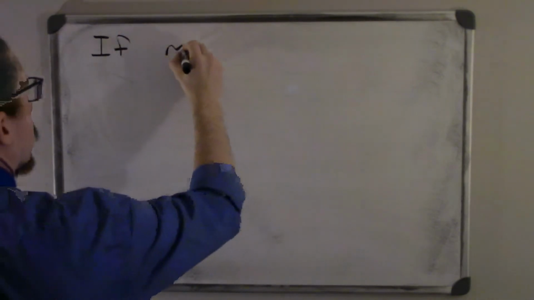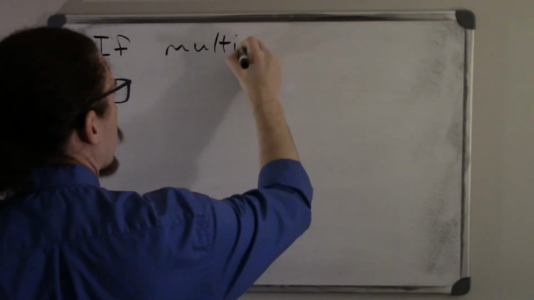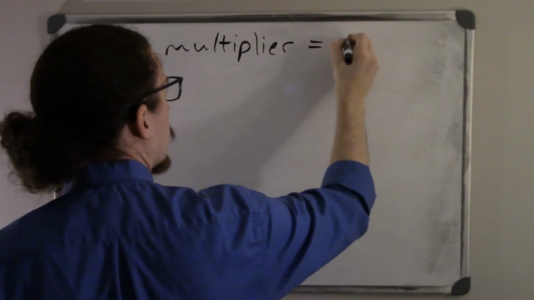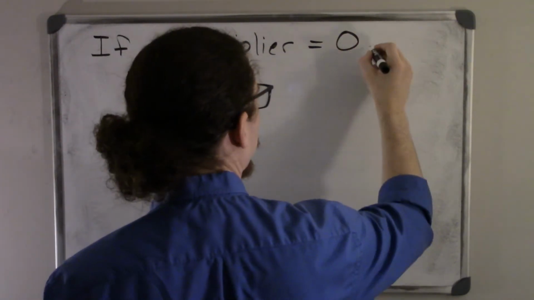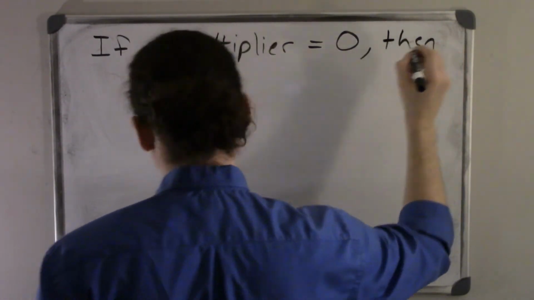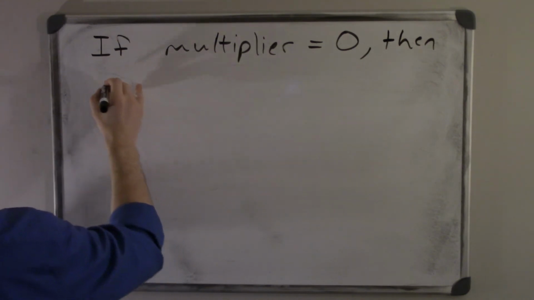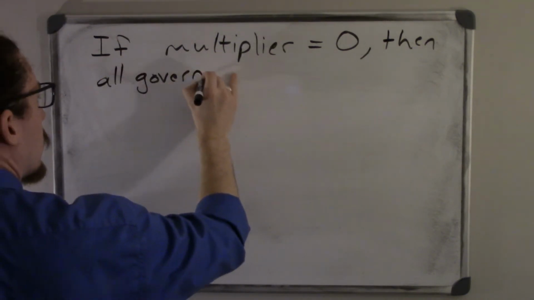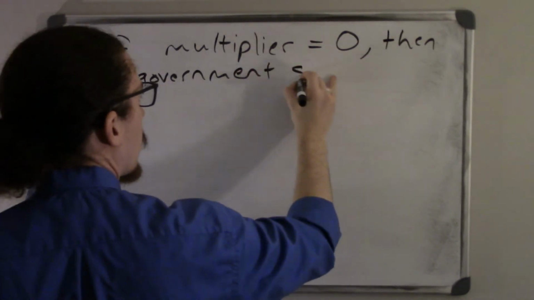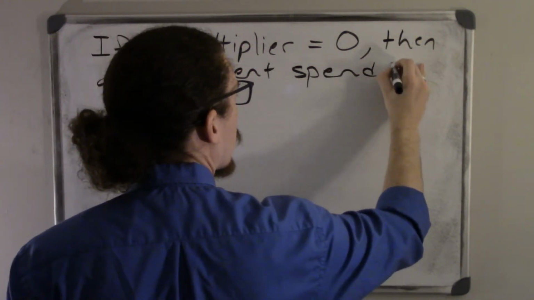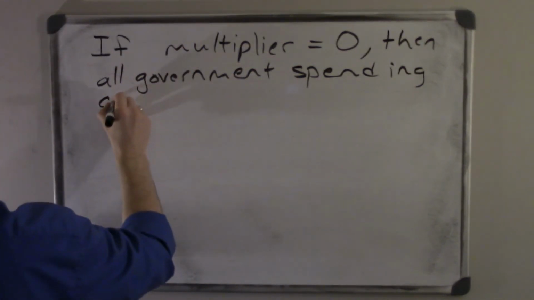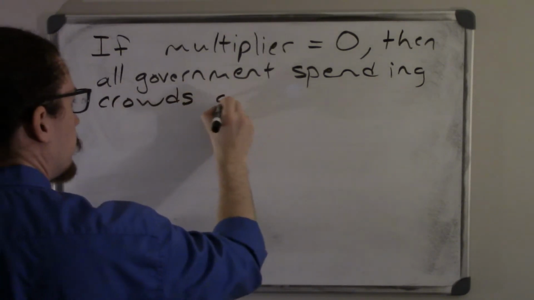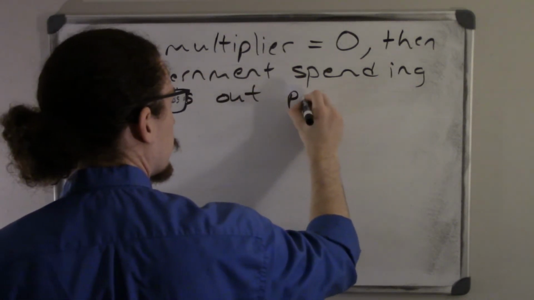If the multiplier equals 0, then all government spending crowds out private spending.